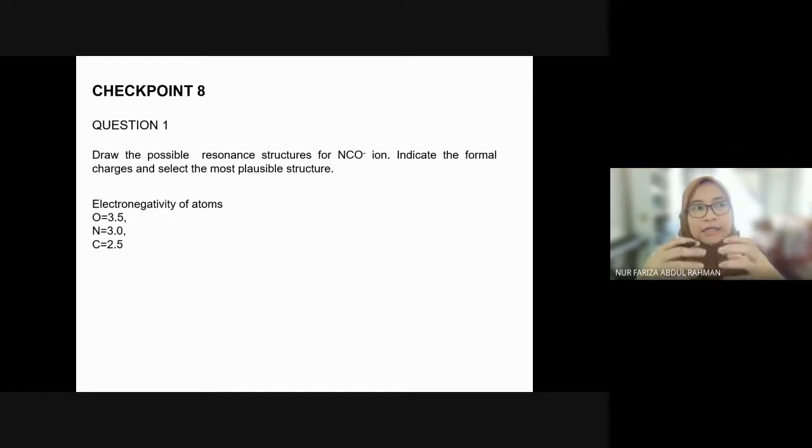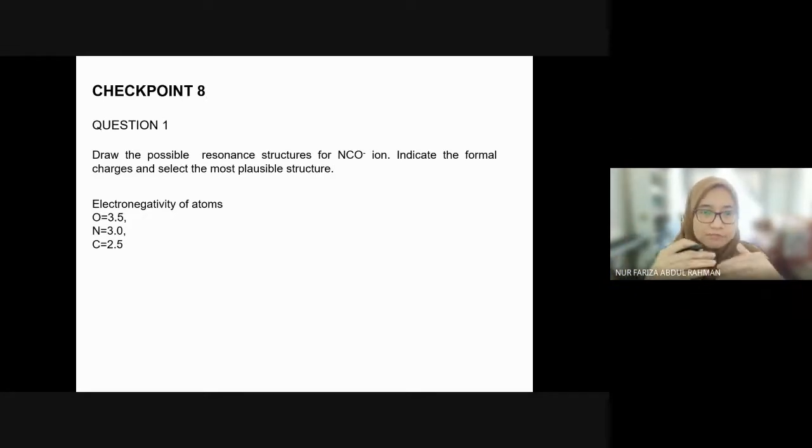Again there are rules that you need to know. We will base it on formal charges. The best would be each of the atoms has zero formal charge, if possible. If we do not have the possibility of all of them having zero formal charge, then we go for the lowest formal charge possible.